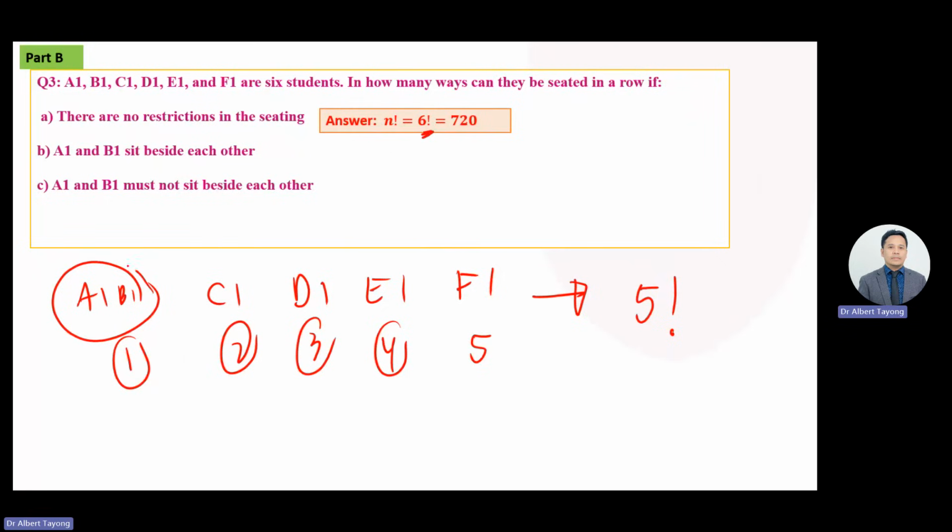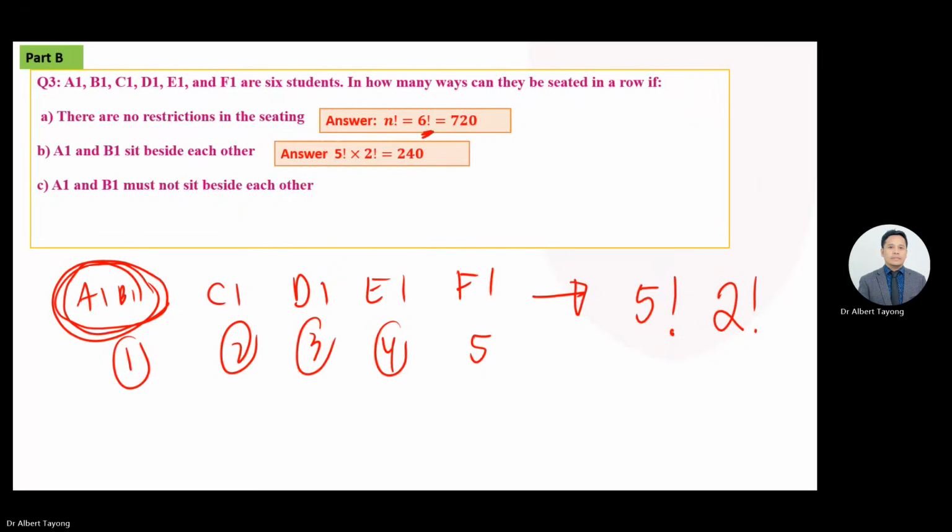But we need to know how many times they can sit beside each other. A1 and B1 can sit beside each other 2 factorial, so 2 times 1, 2 ways. It could be A1, B1, or B1, A1. So we have to multiply 5 factorial and 2 factorial. That is equal to 240.